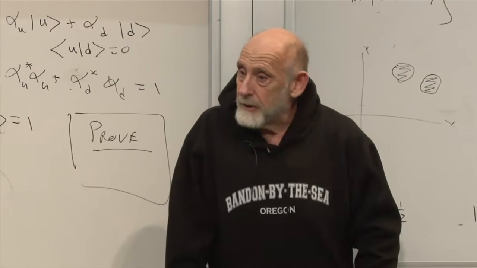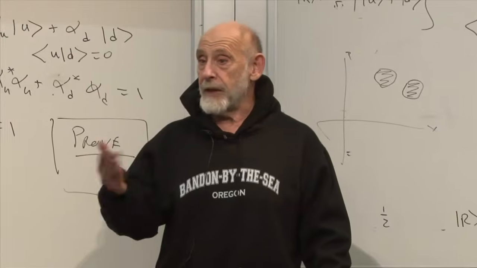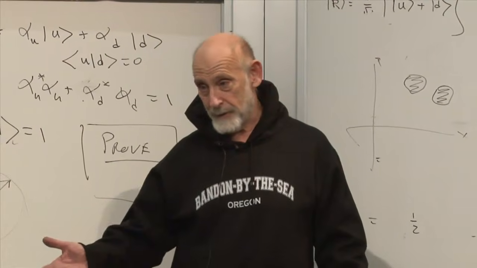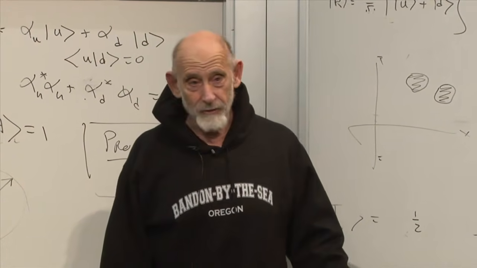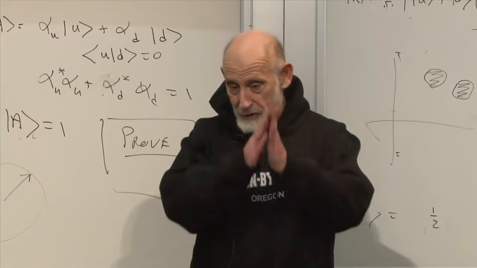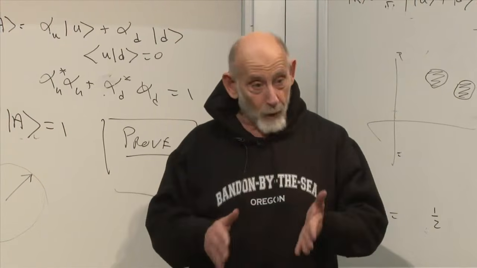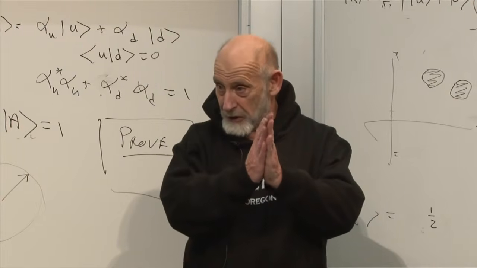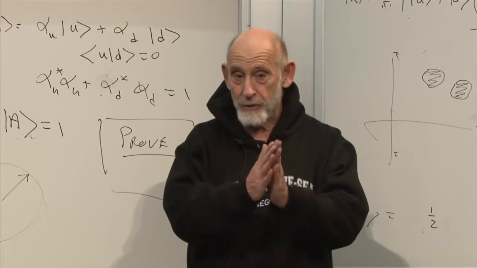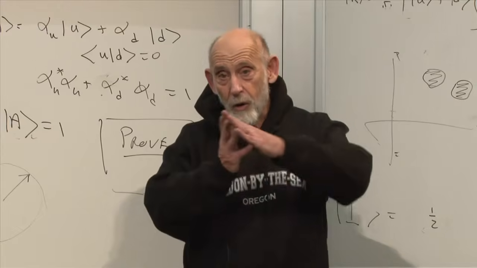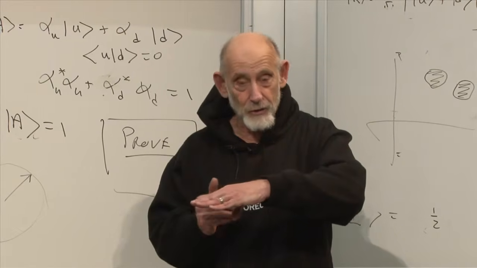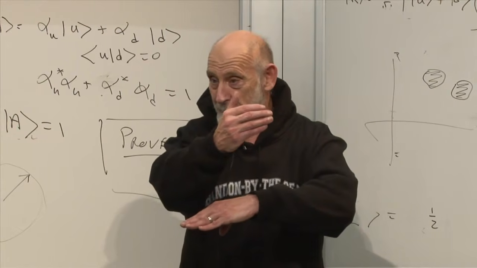If you measure sigma z and you get +1, that doesn't tell you anything about sigma x. You could have gotten sigma z equals +1 because it was pointing along the z-axis and you got it with certainty 1, or it was pointing along the x-axis and with probability 1/2 you got it pointing up.